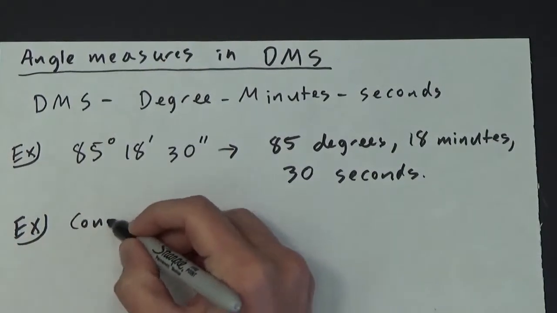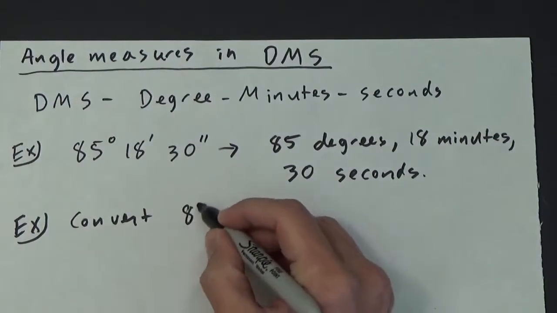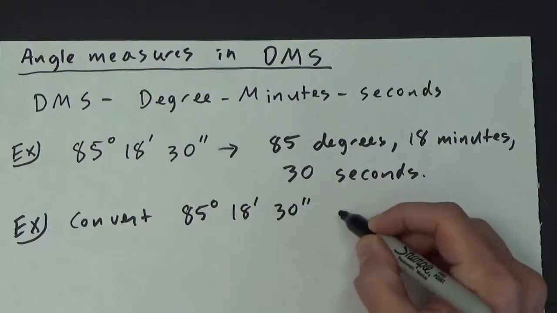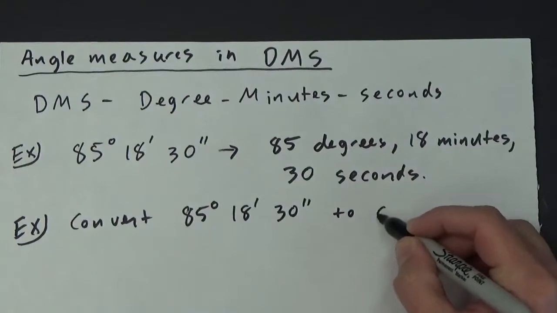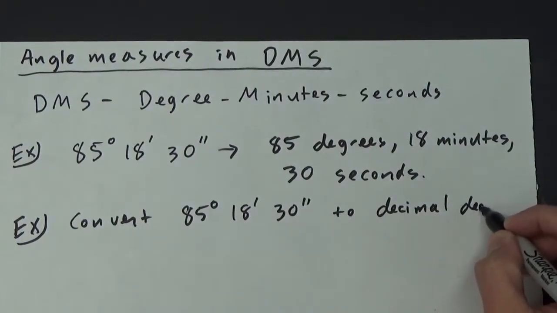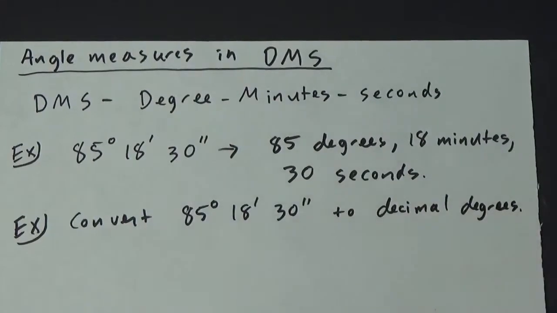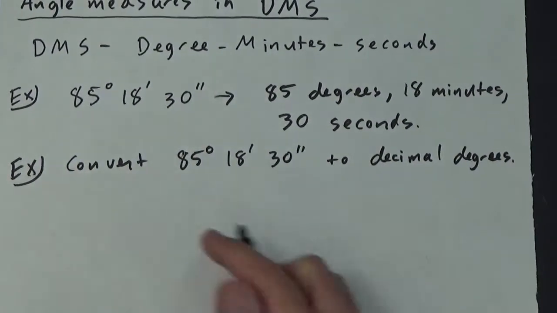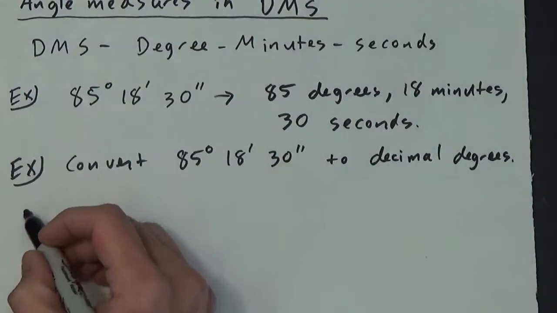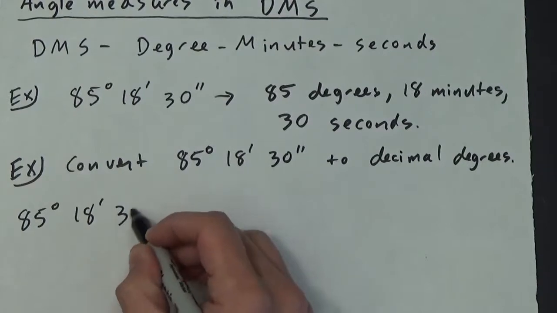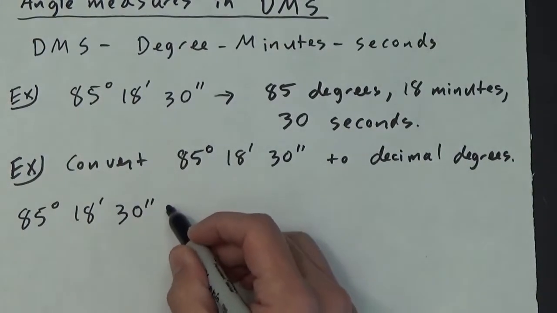We're going to convert 85 degrees, 18 minutes, 30 seconds to decimal degrees.